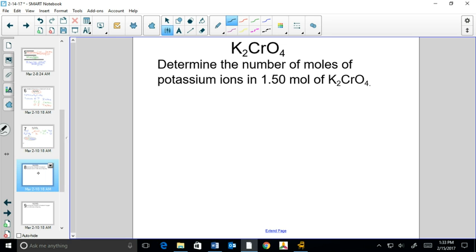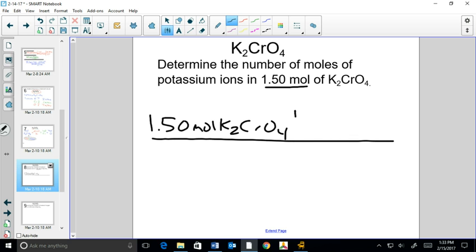They ask you to determine the number of moles of potassium ions in 1.5 moles of potassium chromate. So I know that I have 1.50 moles of K2CrO4, and I want to get to moles of potassium. Well, of course, you remember the units transfer down.